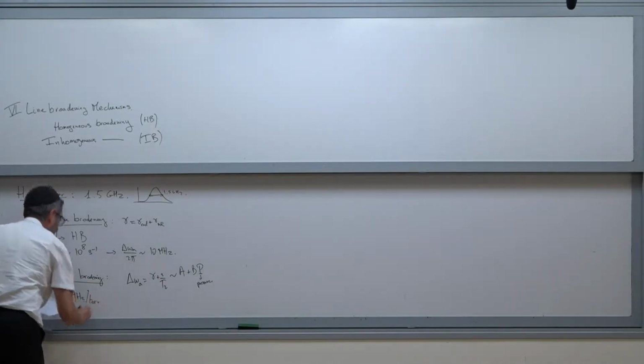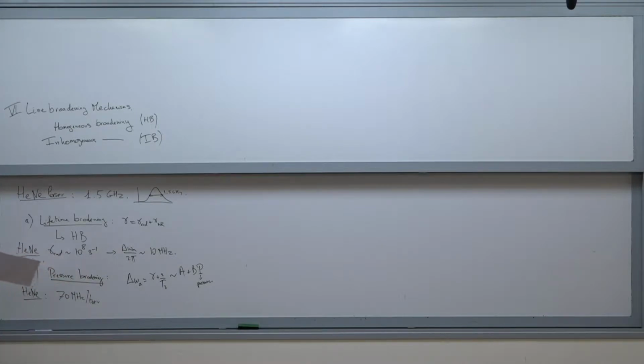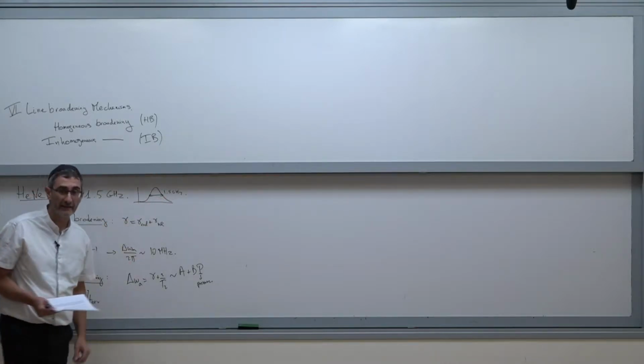Torr is a unit for pressure. Typical pressure in the HeNe laser is about 2-3 torr. So we are around 100 megahertz for the line width broadening due to collision. That's not enough. We are still far from 1.5 gigahertz.